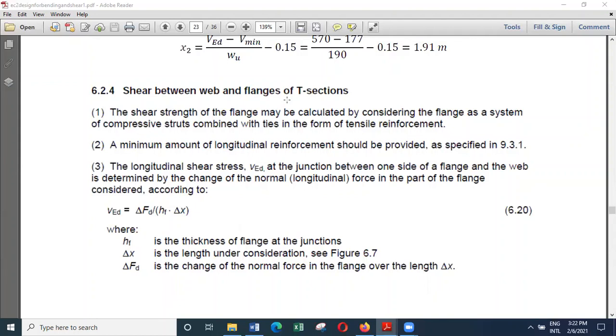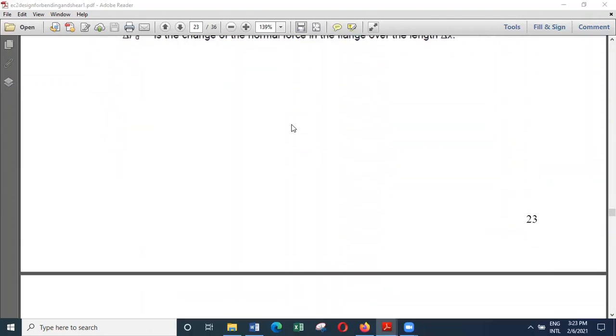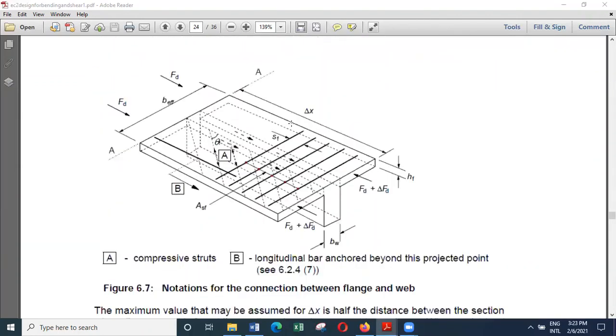So when you are using T-sections, there can be a variation of the load in the flange because the bending moments are changing, and most of the bending moment is carried by the flange. So when the bending moment is changing, the force in the flange also changes, and because of that reason, we can have some shear acting in between the flange and the web.